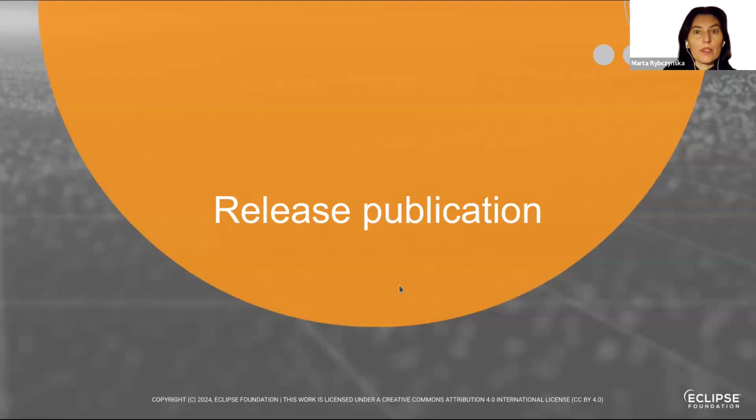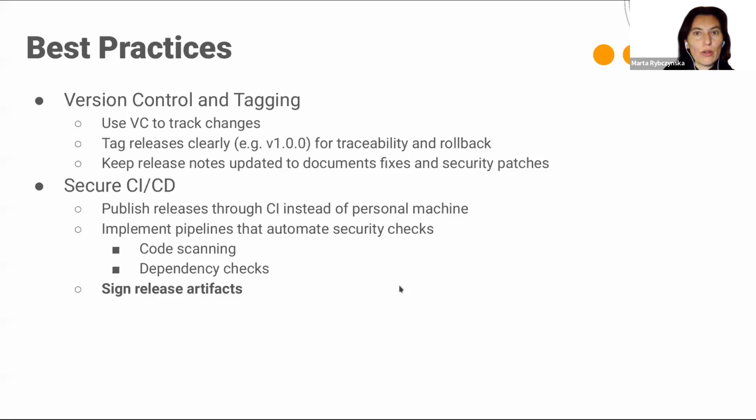Now, when we write code, at some point, there's that moment when we do a release, right? So what do we do when we do a release? A release should be easy to find for your users. So when they come to your project, they actually come to the release and not some random version of the code.